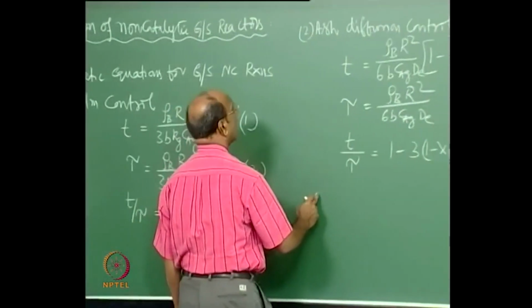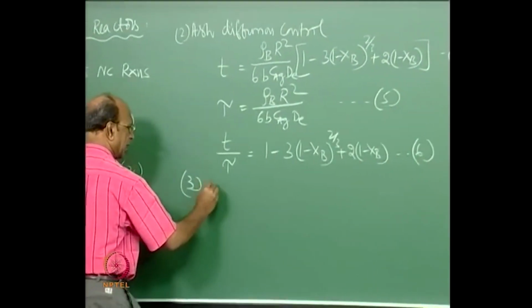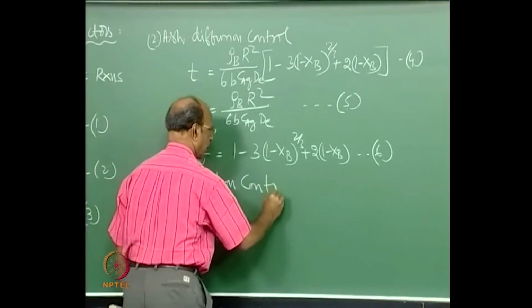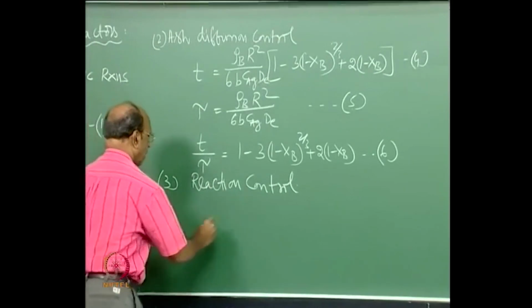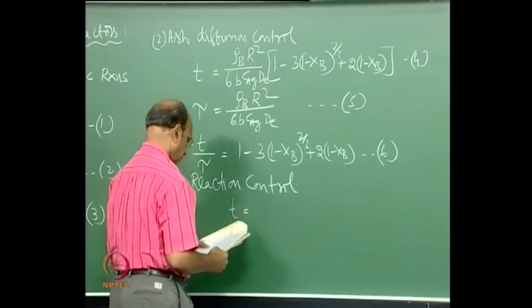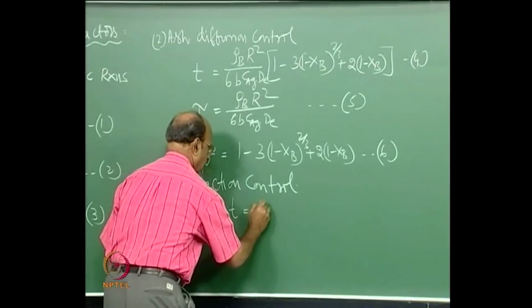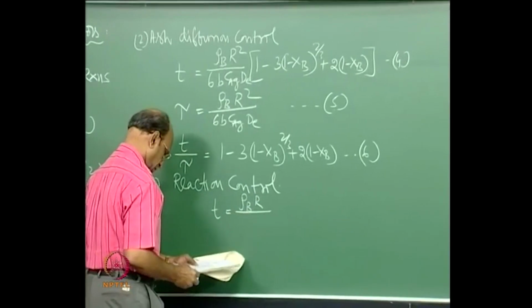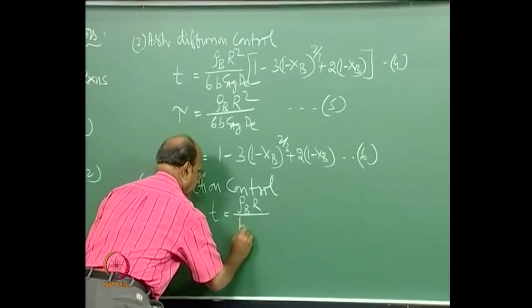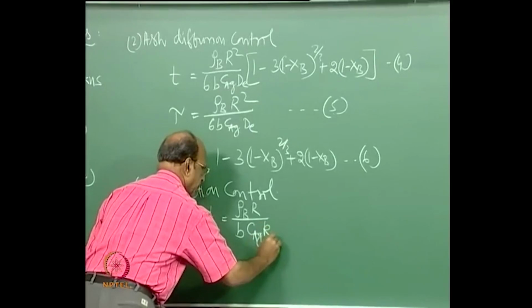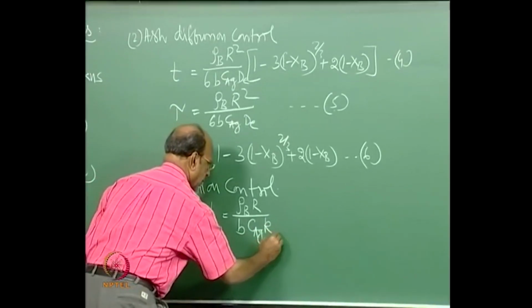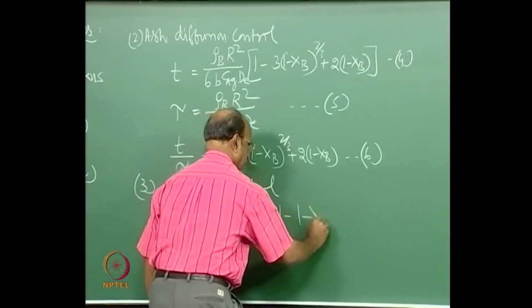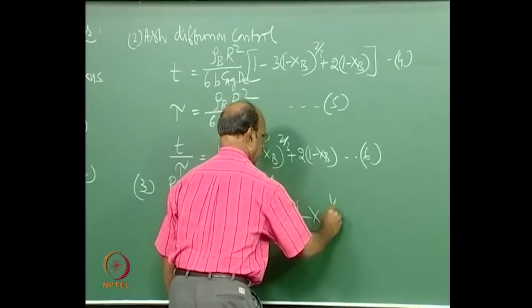Okay, then you have reaction control. So here T equals rho b r by b cag ks, into 1 minus xb to the power of 1 by 3.